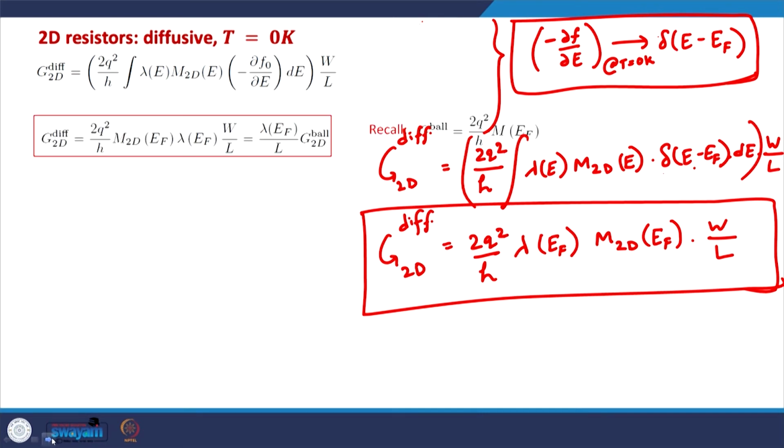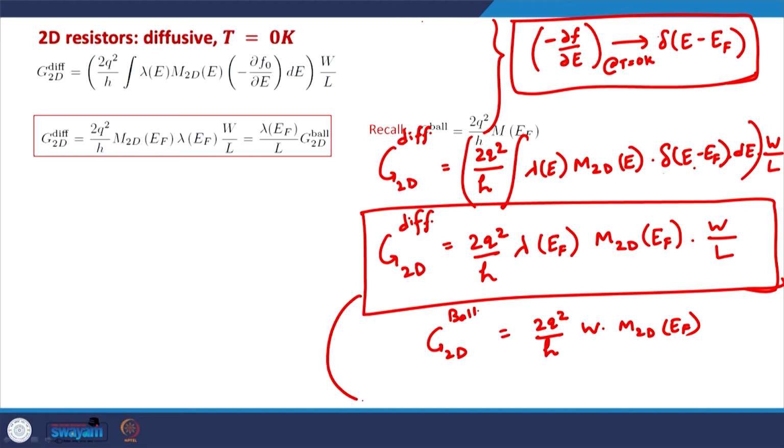And if we try to write it down in terms of ballistic transport, the ballistic conductance at 0 Kelvin is given as 2q squared by h M2D(EF). This is the ballistic conductance.